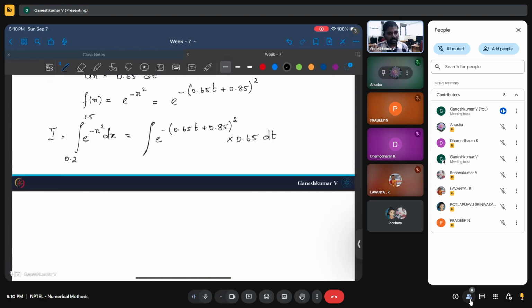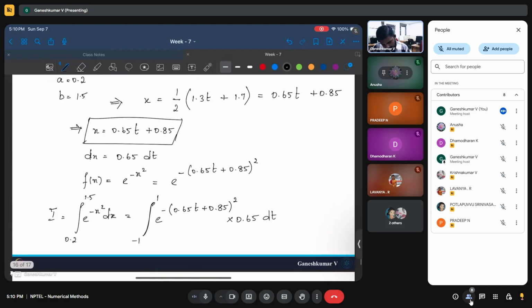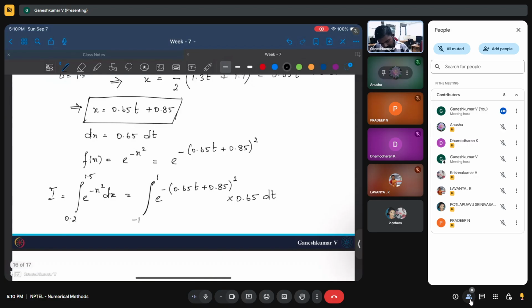Now, what will be the limits? The whole point of doing this transformation is to change the limits from 0.2 to 1.5 to -1 to 1. You can substitute 0.2 here and find out what t is. So 0.2 minus 0.85 is minus 0.65, divided by 0.65 is -1. So your t is -1.